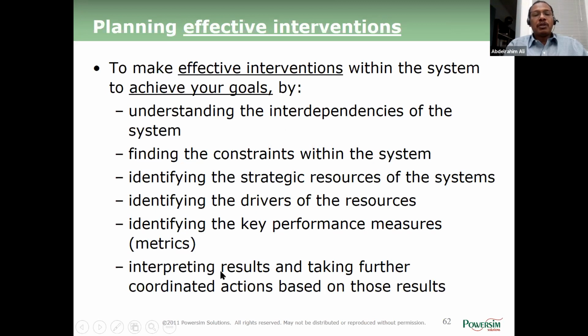Also, you will have a better opportunity to interpret the results and take future coordinated action based on the results that you can see.